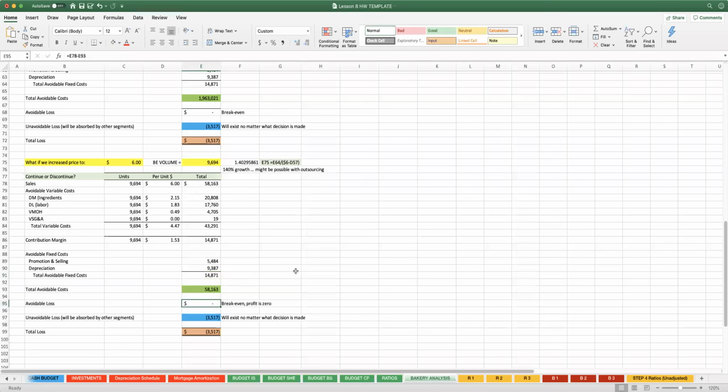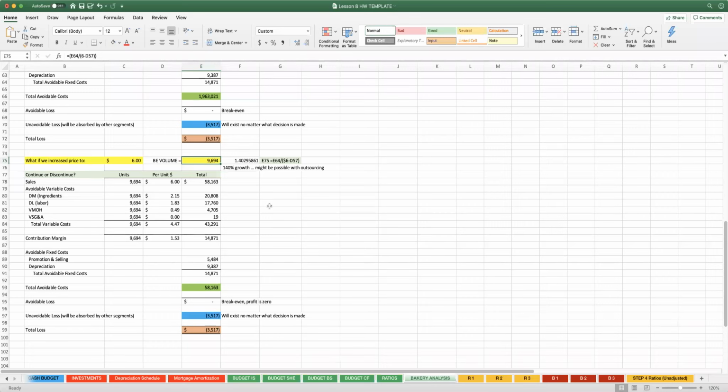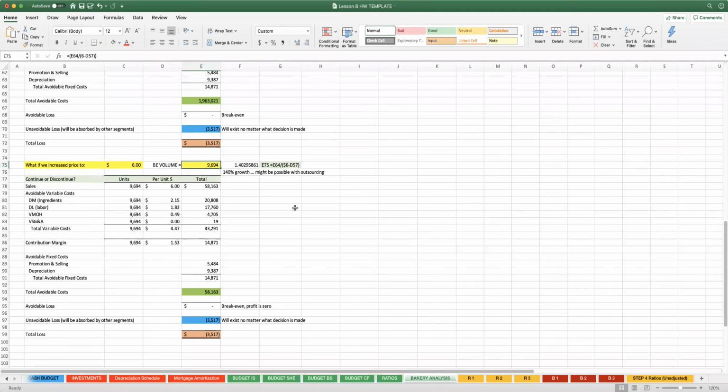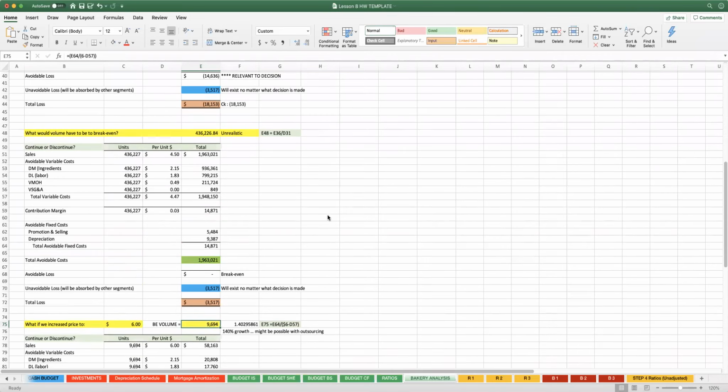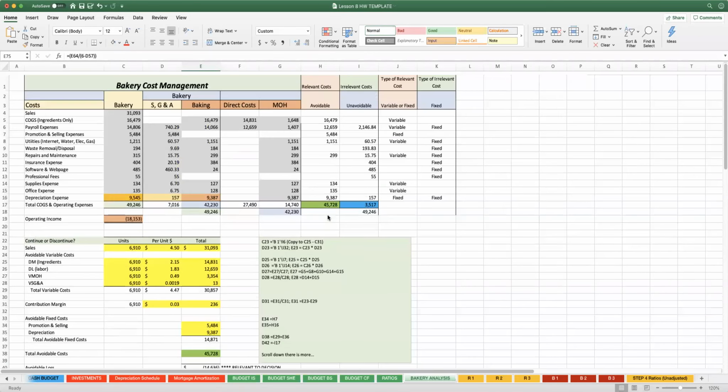So if you think you could get $6 a muffin, I don't know if you can. It'd have to be pretty darn good. I'm not sure you'd get that volume out of it. If you increase your price, I would expect your volume to go down. So I still don't think it's very feasible. But this is how you set this up and how you go about testing whether or not the changes that you would like to make have an impact on whether or not you can keep this bakery afloat.